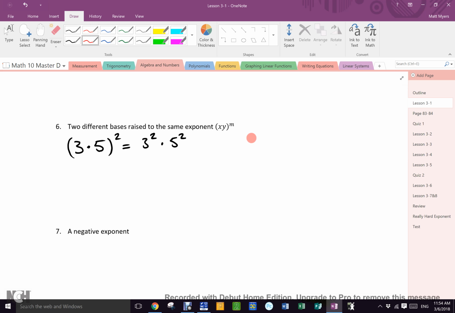But first, the rule. (xy) to the m equals x to the m, y to the m. Just like the fraction one. Right? And this is where grade 9 technically ended. Some of you may have gone into negative exponents. Did anyone? I forgot. Sweet. Okay.